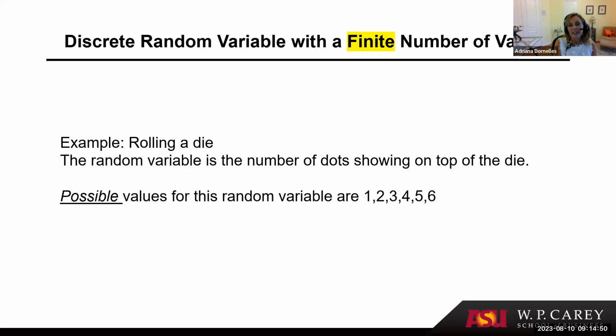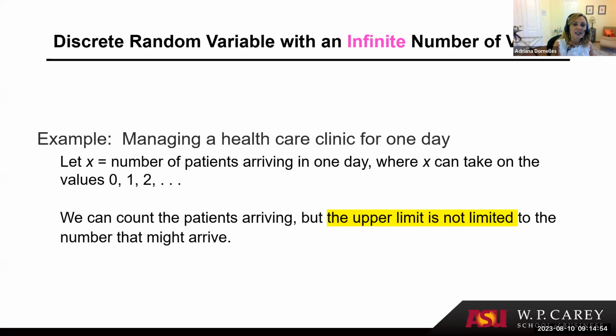However, when an experiment might provide an infinite number of values, then of course we cannot limit the possible outcomes. So for example, managing a healthcare clinic for one day. If X is the outcome and is defined as the number of patients arriving in one day, X can take on values like 0, 1, 2, and so forth.